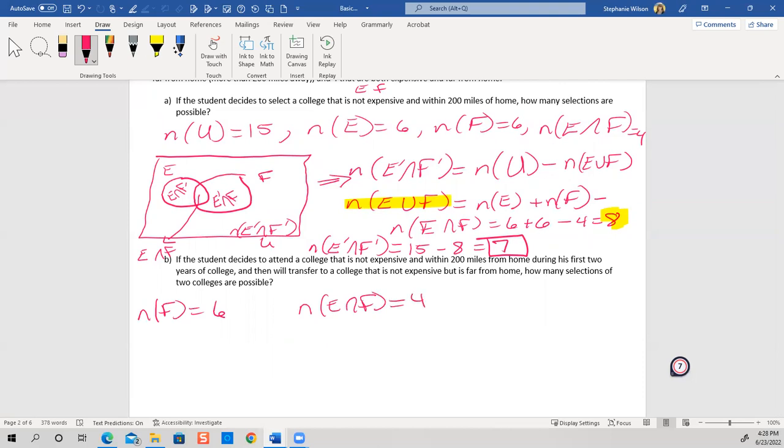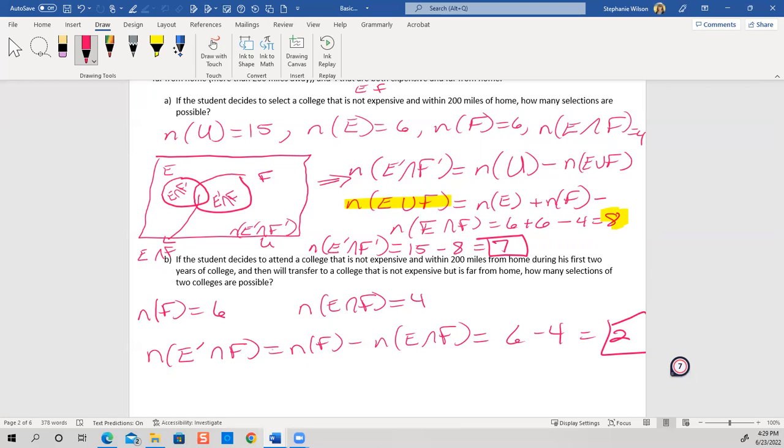So now we're going to find the number of E prime, the expensive prime, intersect F, meaning that it doesn't include that. We're going to take our N of F minus this here. So I got 6 minus 4, which gives me 2. And we can fill in these spaces up here in that diagram.